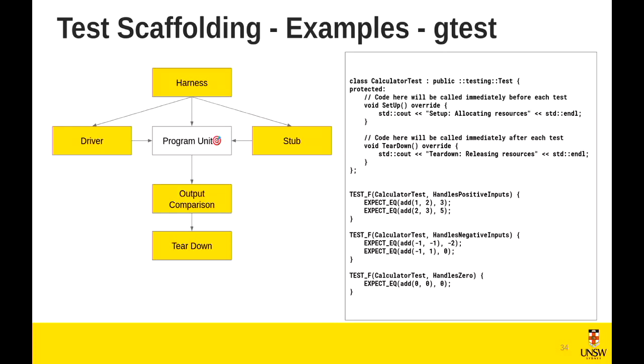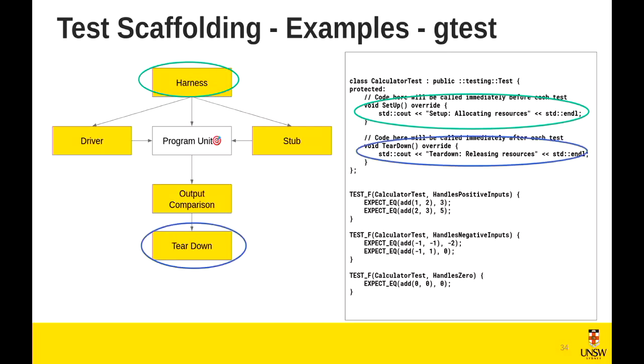So these macros are used to do the scaffolding, and I try to identify some key features here. So, for example, setup corresponds to the harness. And for teardown, we can have this kind of teardown here, and this calculator test class inherits the public class of gtest.